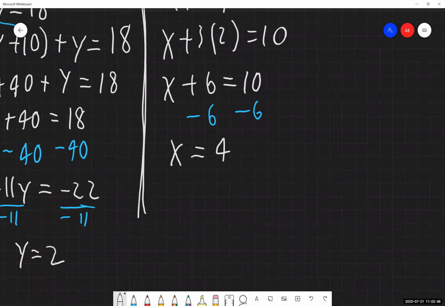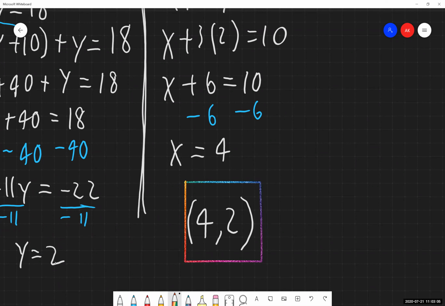So for my final answer, in step 5 we're told to write the solution as an ordered pair, which means when you are asked to solve this system, you need to write out your answer as an ordered pair, (4, 2). We're finding each part individually, but bringing it all together as an ordered pair for our final answer.